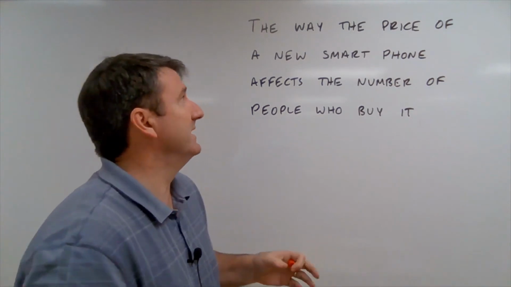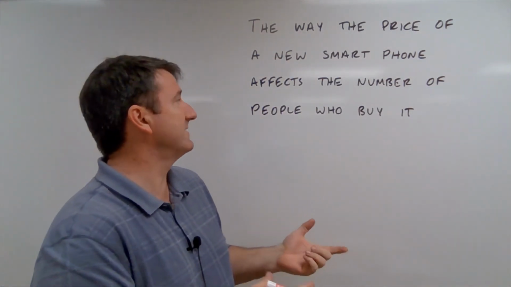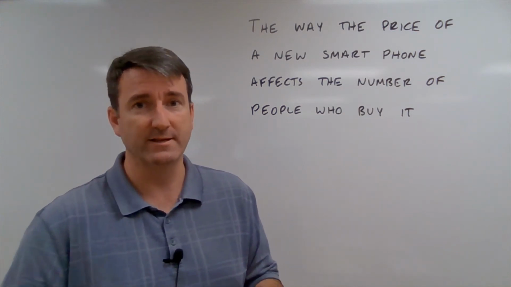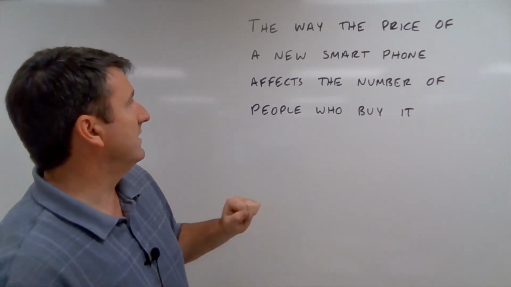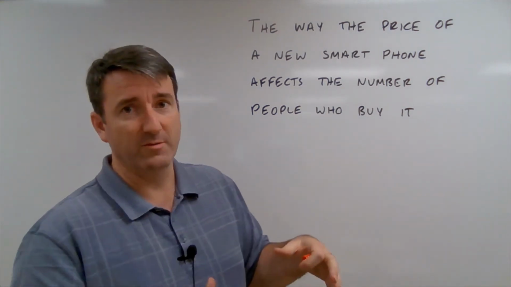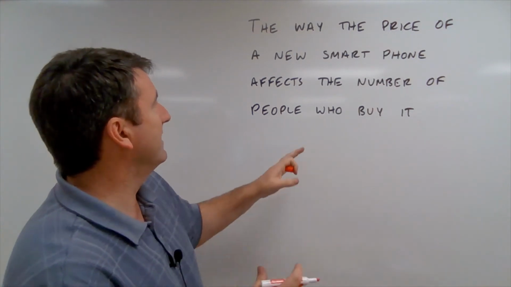Our second statement is this one: the way the price of a new smartphone affects the number of people who buy it. So first, is this a function? Well, can we find two variables that are related to one another? And I think we can.